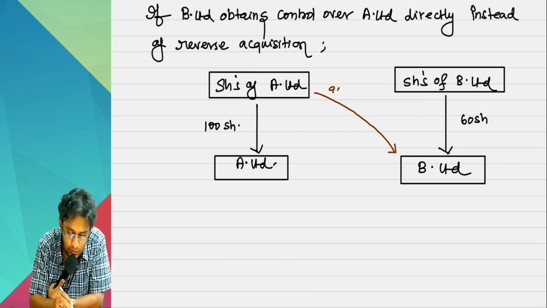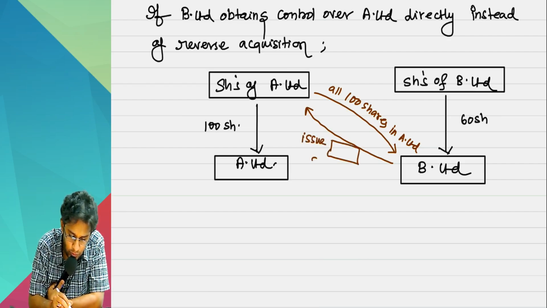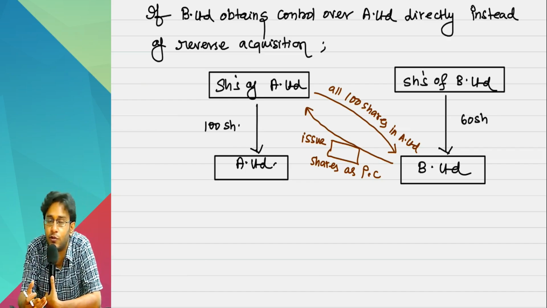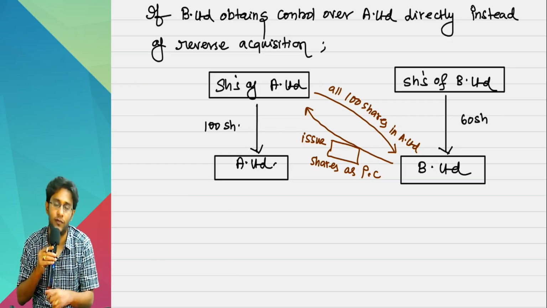B purchased all 100 shares in A Limited and, as purchase consideration, issued shares, how many shares I don't know. How many shares would I have issued to those shareholders? For the time being I do not know, because it is not legality. The question or data won't be given, you have to catch it, you have to understand on your own.